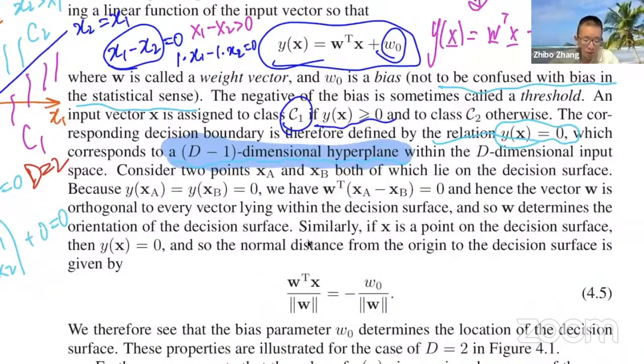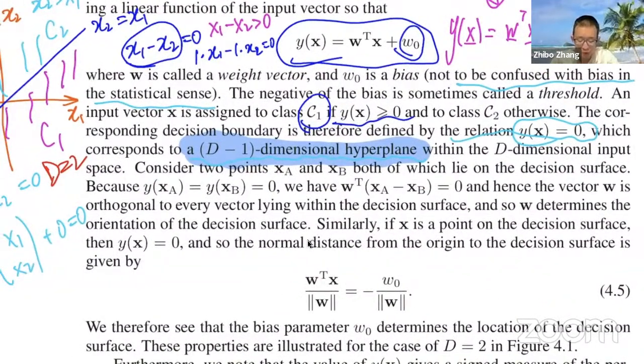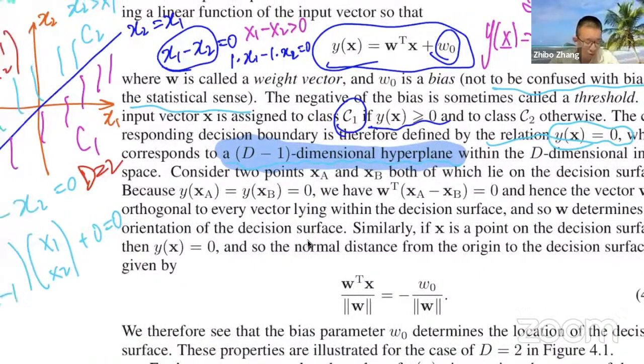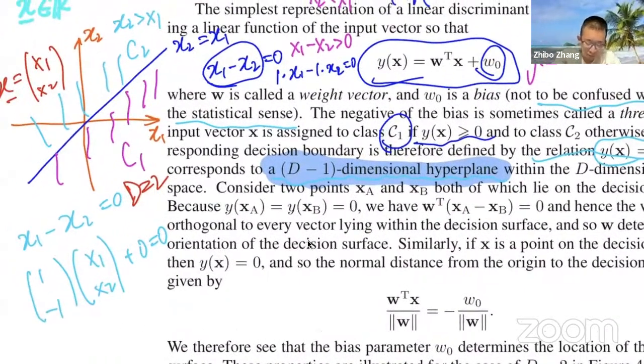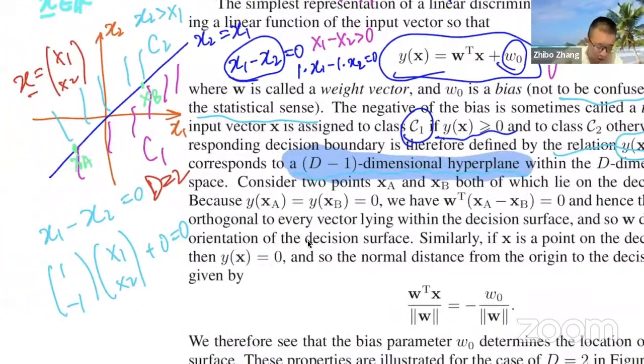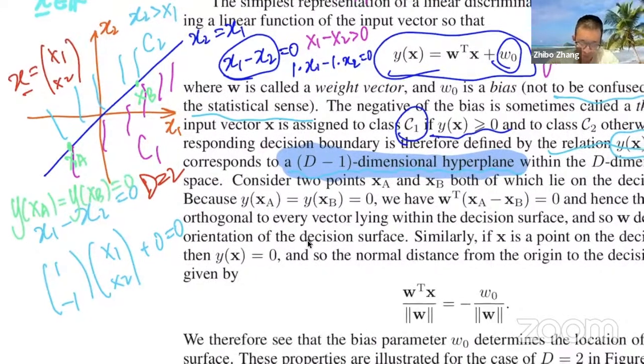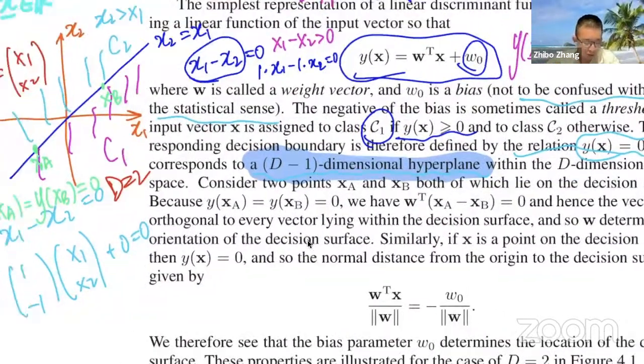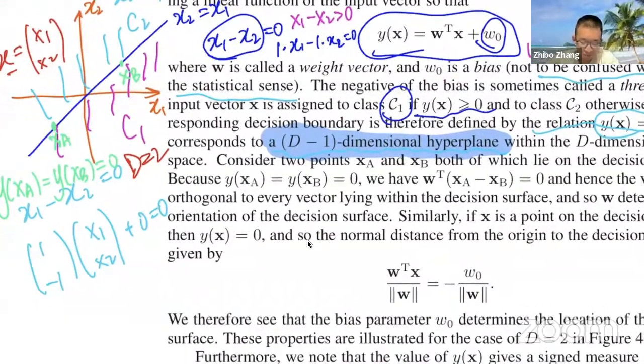Consider any two points, both of which lie on the decision surface. If we have a line with two points, xA and xB, both satisfy the condition that y(xA) equals y(xB) equals 0.